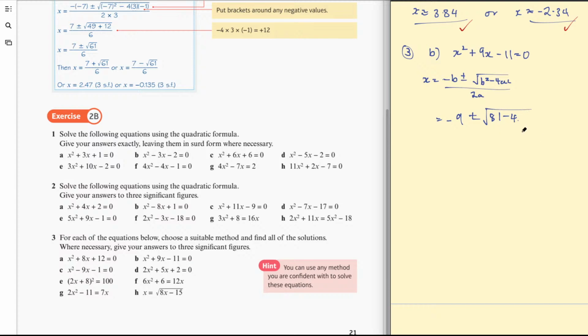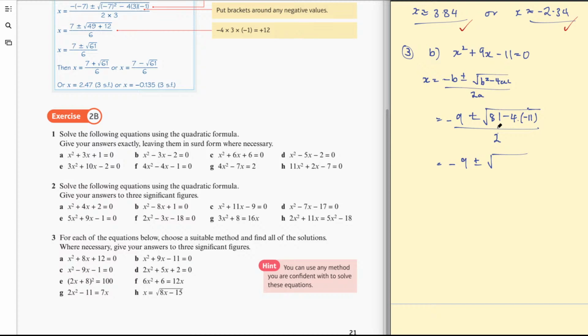If it's a negative 1 I usually do write it in. And then c is negative 11, all over 2a, which is just 2. So this is negative 9 plus or minus the square root of 81 plus 44. Negative 4 times negative 11 is positive 44.